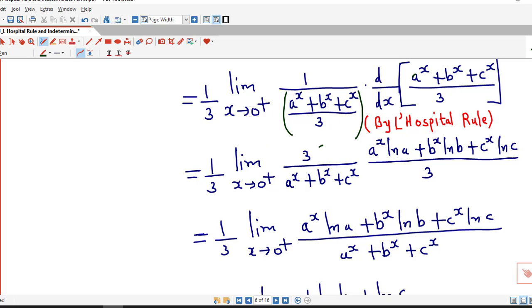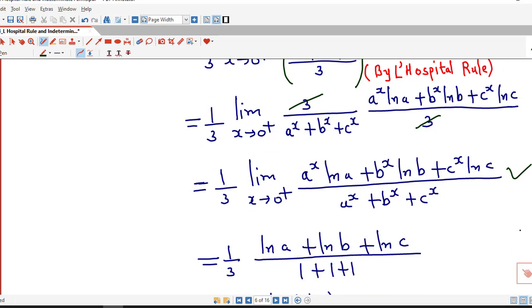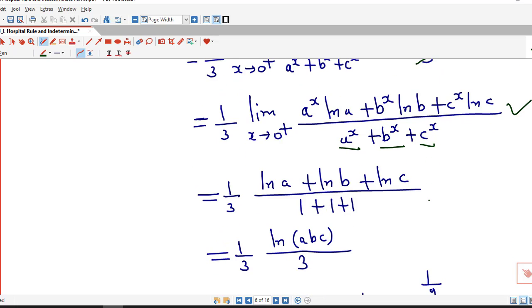Now here we can cancel out these 3 and this we rewrite in this form. Now if we take x equal to 0, then we have a raised to 0 which is 1. So log a plus b raised to 0 which is 1 times log b plus log c, and here a raised to 0, b raised to 0, c raised to 0, that is 1 plus 1 plus 1.